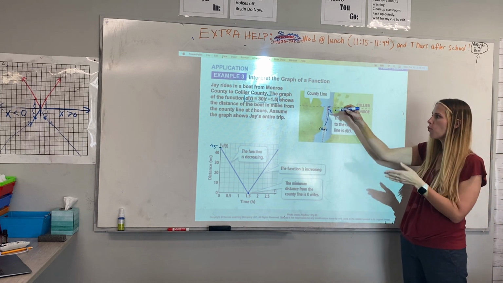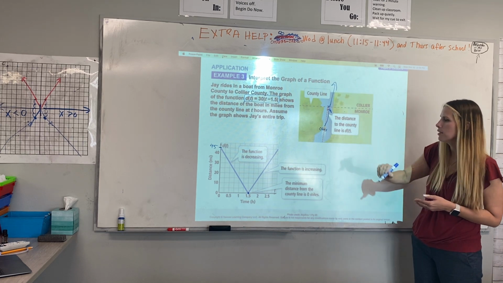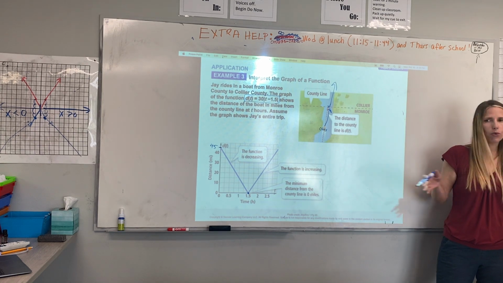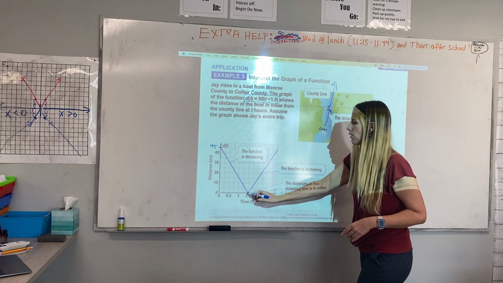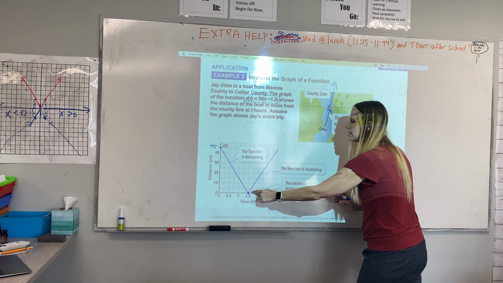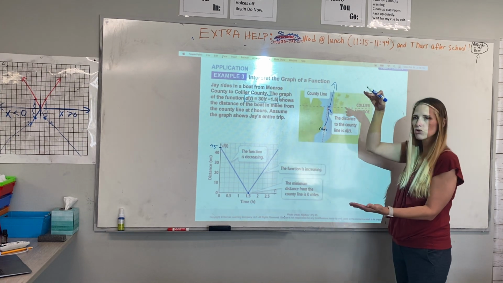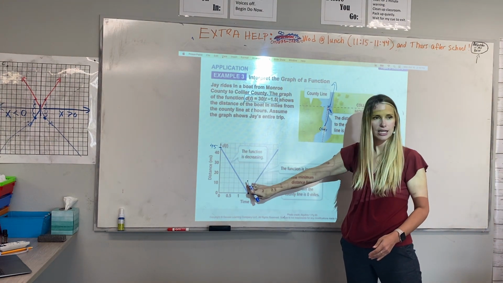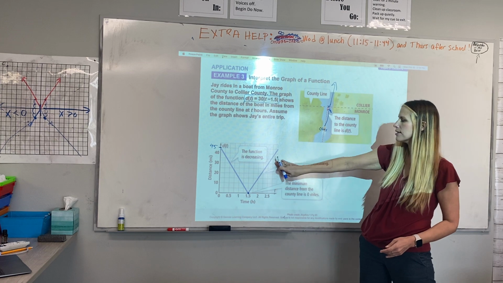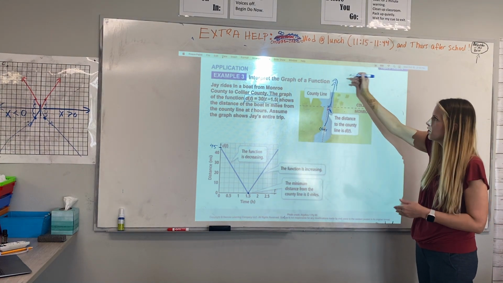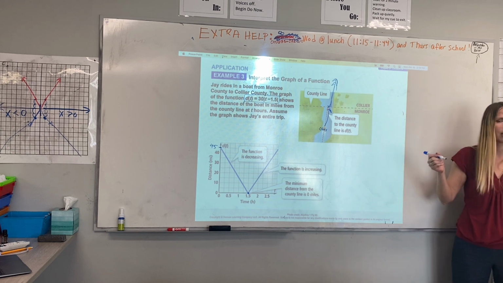He's traveling away from the county line now, but he's still traveling a positive distance away from it, which is why it bounces back up. As time is passing, the distance is getting greater. So we have a negative slope here as he's getting closer, and a positive slope here as he's getting further away from the county line to wherever he's going in Collier County.